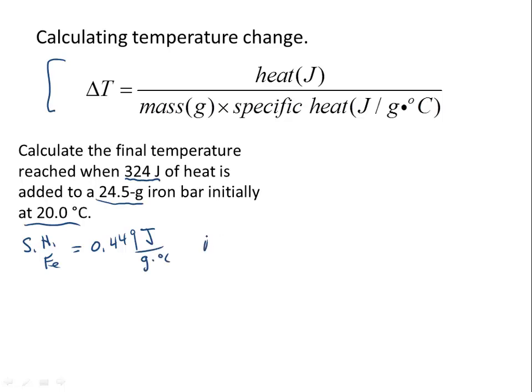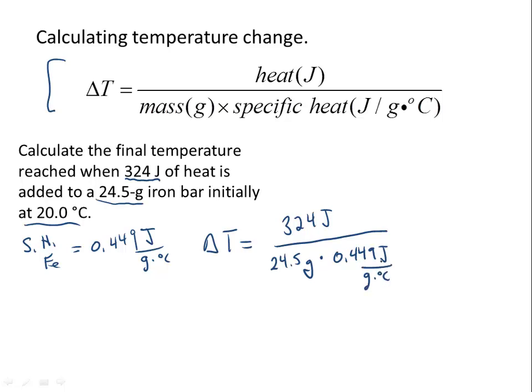And therefore, the change in temperature is equal to the amount of heat added, 324 joules, over the mass, 24.5 grams, times the specific heat capacity, 0.449 joules per gram degree.